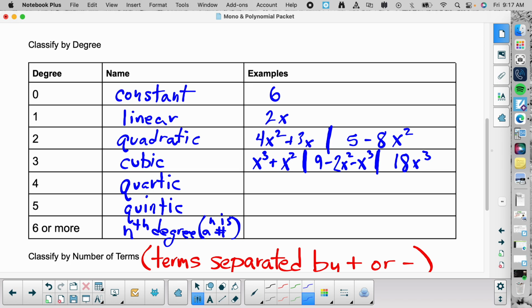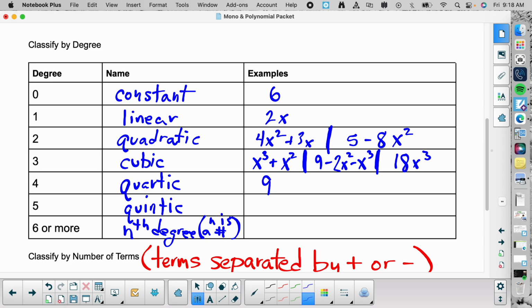On the cubic, I wrote 3 different examples. Quartic, I'll probably only write one because I don't have that much space.